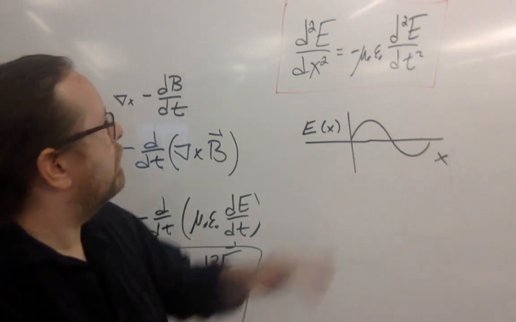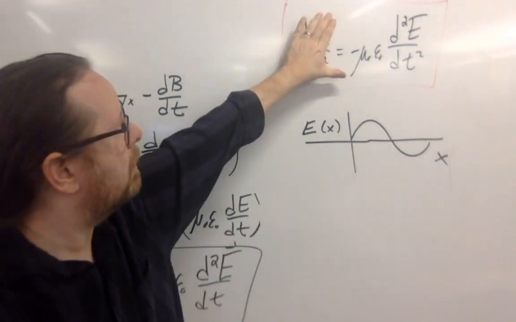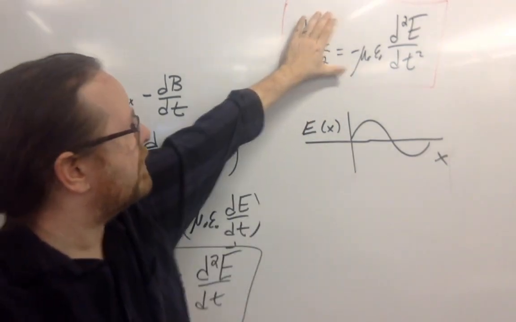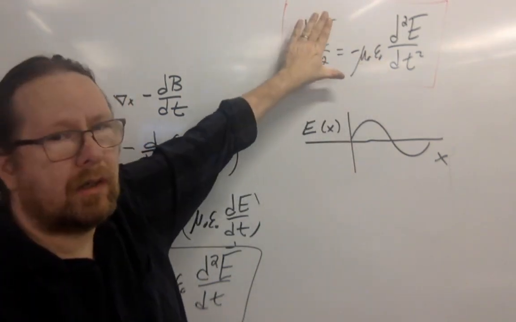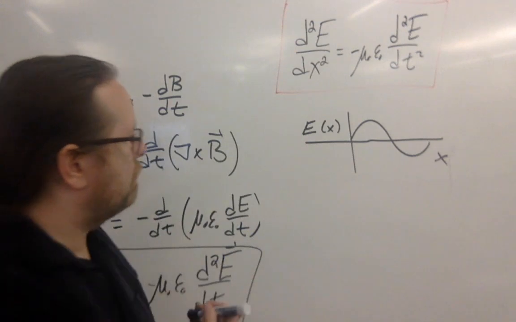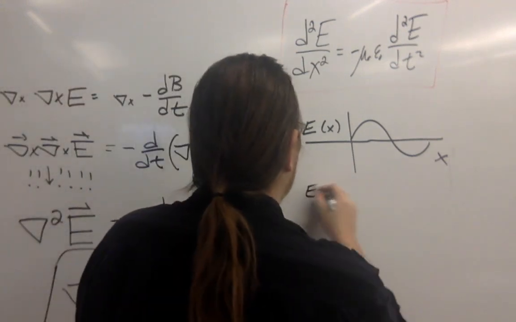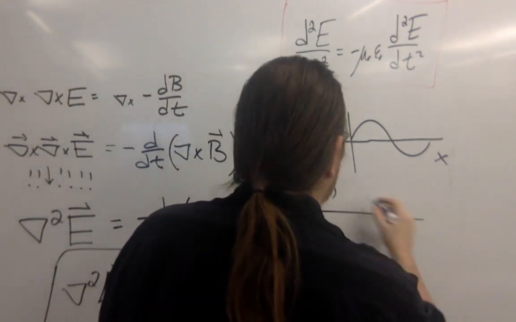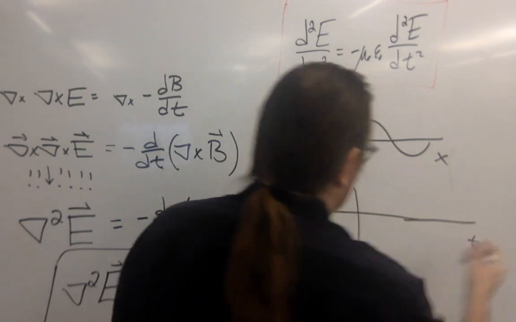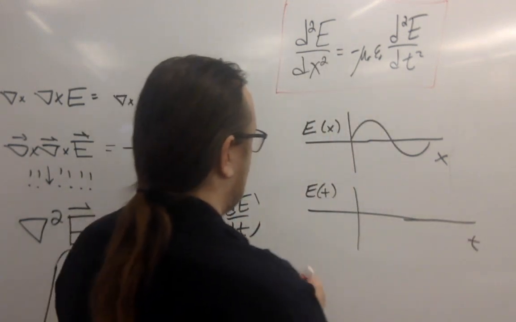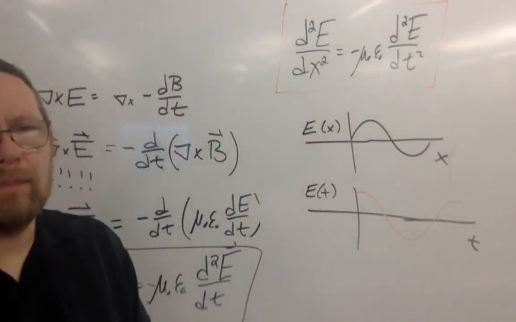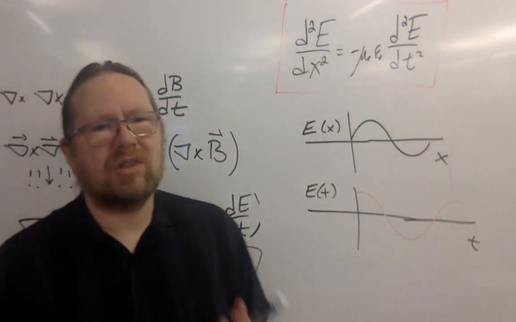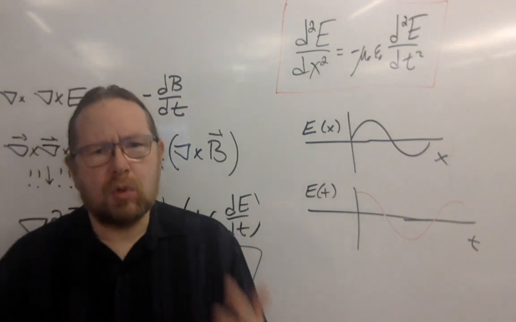If we hold the position constant, then we have a differential equation that says the second derivative with respect to time equals some negative constant times the function with respect to time. So we've got a situation where the electric field as a function of time obeys an equation that varies sinusoidally with time. That is the phenomenon of a moving wave.